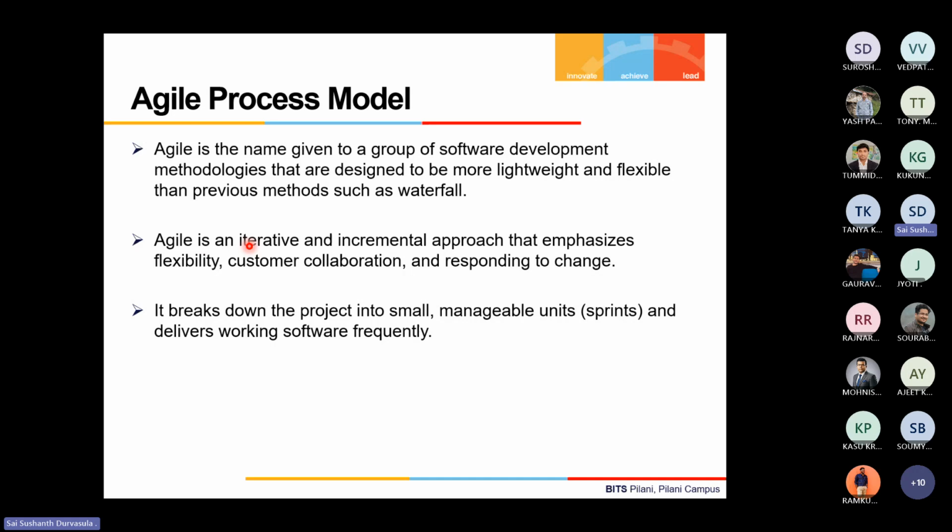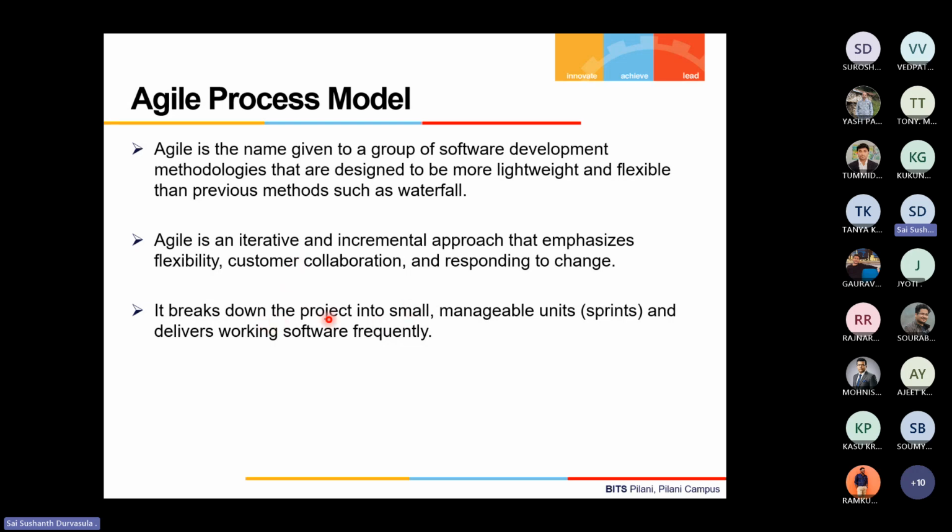So it is basically an iterative and incremental approach that again emphasizes flexibility, customer collaboration, and responding to changing requirements. Right. So it's a set of practices that were documented, focusing on making the whole software development cycle iterative enough, an incremental approach to taking the changing requirements and customer feedback and so on and incorporating them.